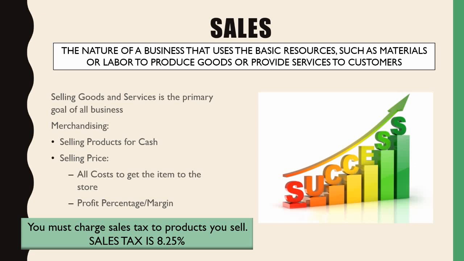And I believe there are special taxes for alcohol, tobacco, et cetera. There are a lot of other things out there, but just know that if you are selling a product, you have to charge sales tax, and it's going to be based on the state and the county that you belong to. And we'll talk about that more in QuickBooks.